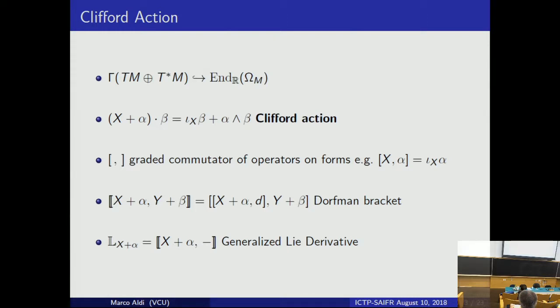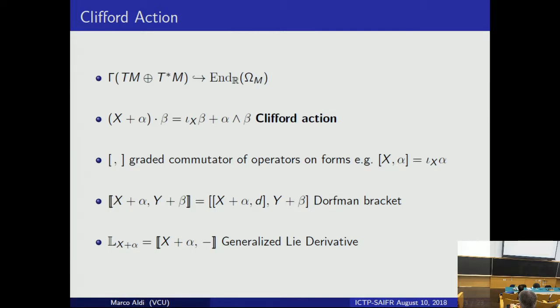And now, within the space of R-linear operators on differential forms, you have other things like the RAM operator, and so you can take various commutators of things in this space.